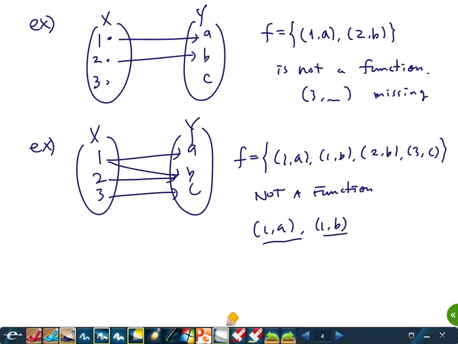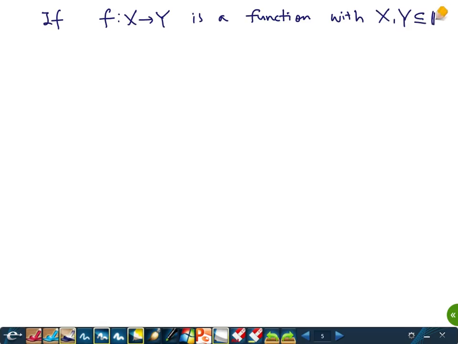And then we studied functions a lot in calculus, and we considered graphs of them. If this is a function with the domain and codomain subsets of the real numbers, then what is the graph of f?